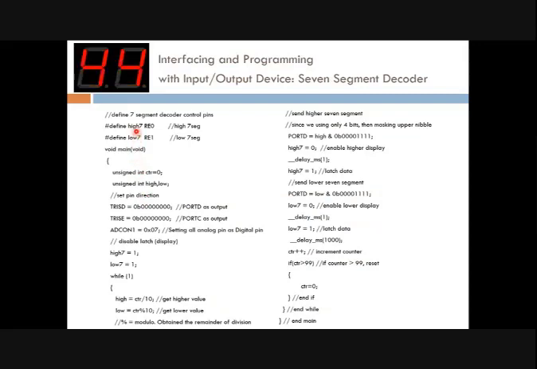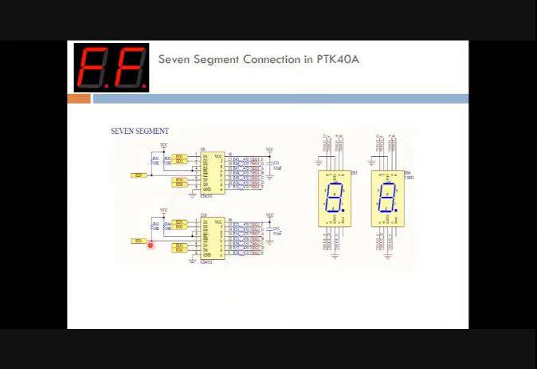We are repeating the previous code, but this time high 7 goes to RE0, low 7 goes to RE1. Why? Because you need to refer to the schematic. So you can see here the LE. This time LE is not connected directly to ground because we want to enable certain parts.